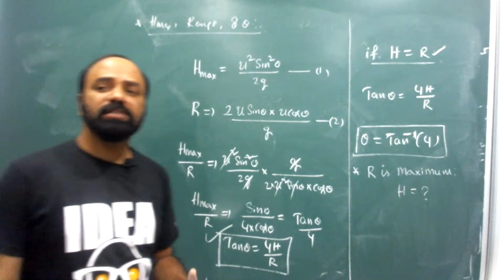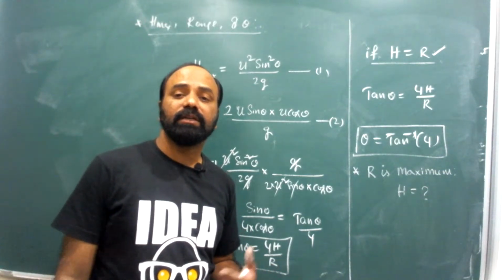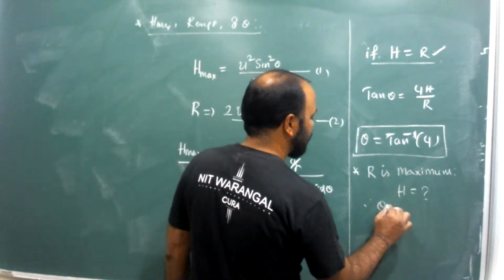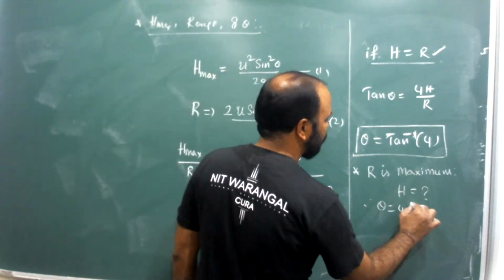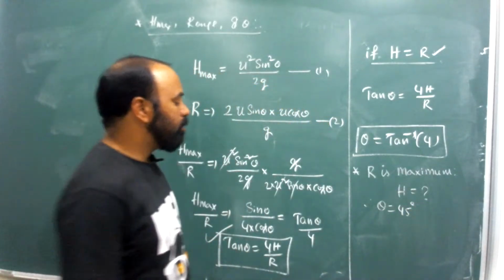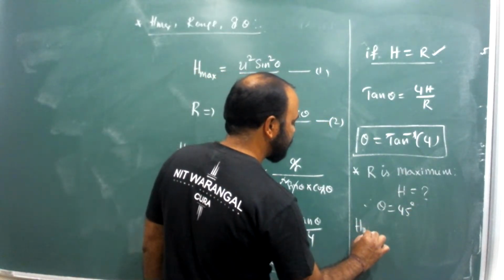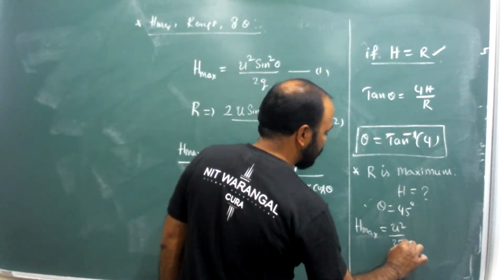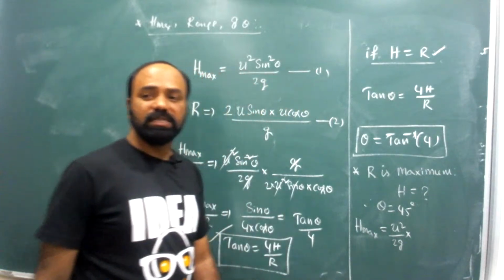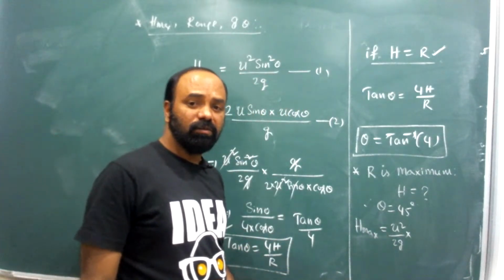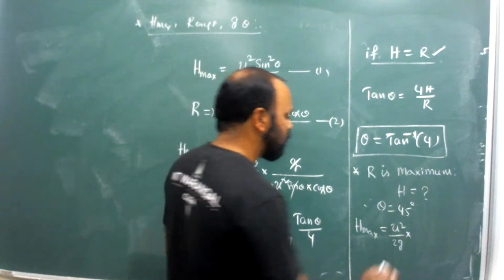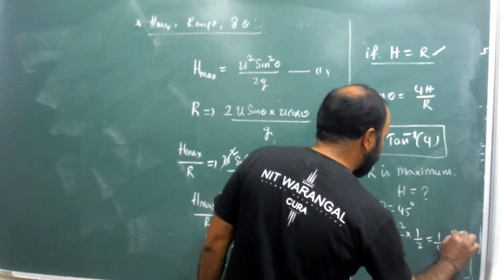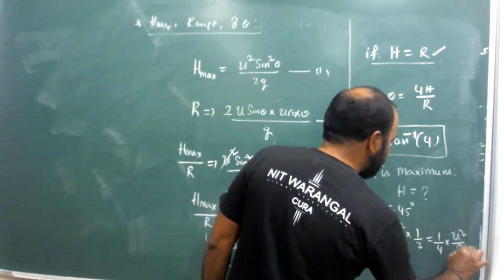Whenever they give R is maximum, indirectly they have given theta equals 45 degrees. Maximum height formula: H maximum equals u square by 2g into sin square theta. Sin 45 is 1 by root 2, 1 by root 2 whole square means 1 by 2. So this becomes 1 by 4 into u square by g.